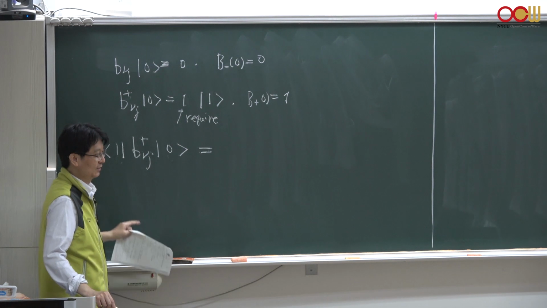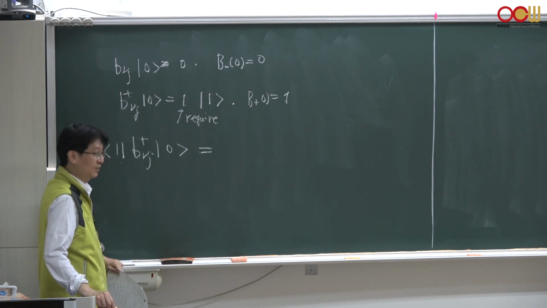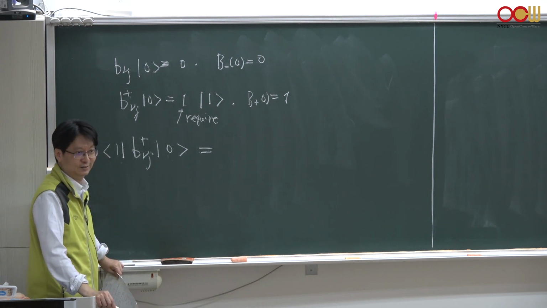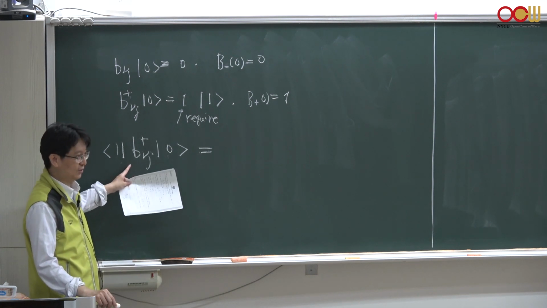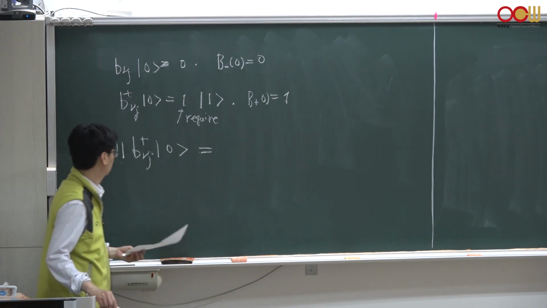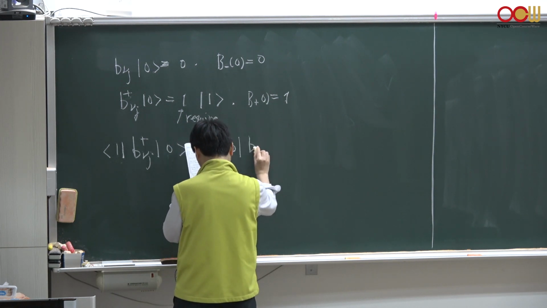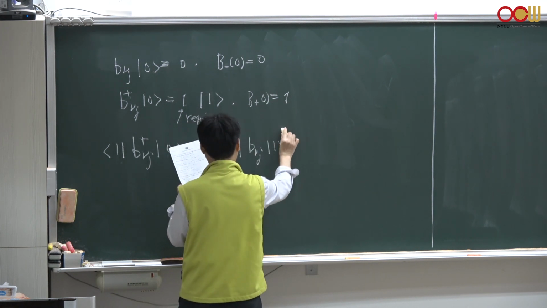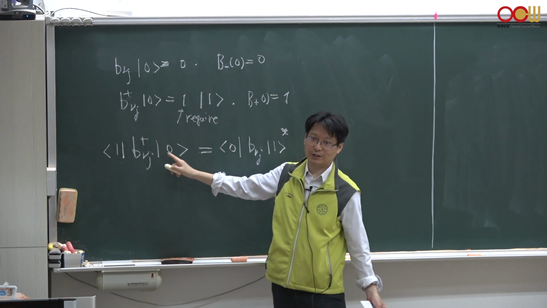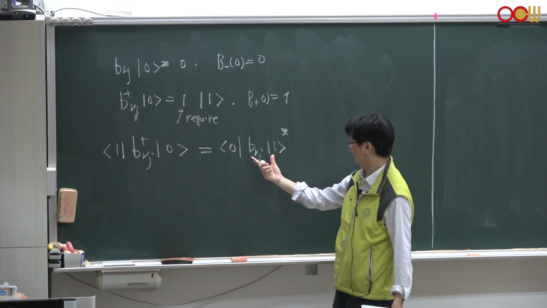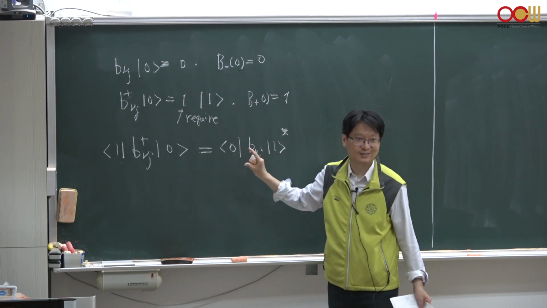If you take the dot product, you get some number, normalized. So this is non-zero. We know that. But what is this? Well, this is the conjugate of this matrix element.